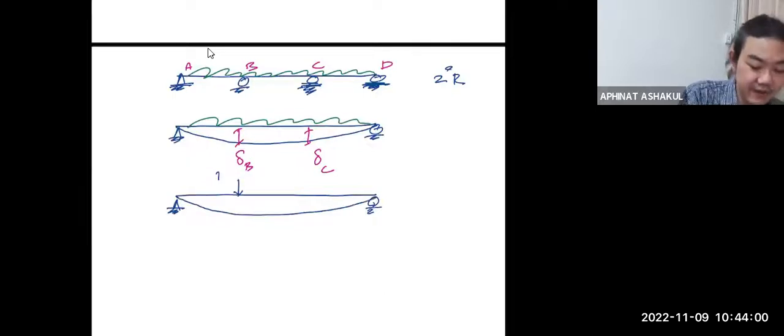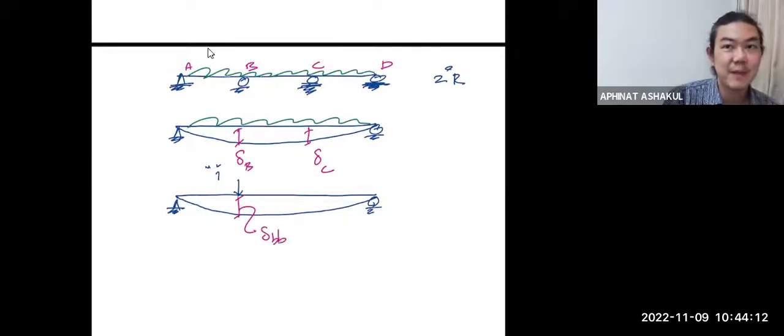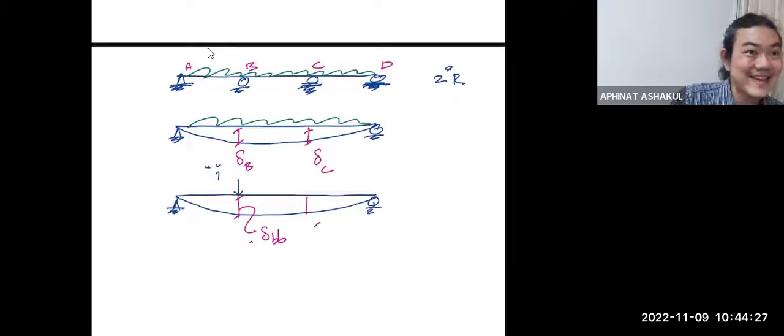When I apply the unit load here, this is what we call the deflection at B due to the load at B. But because we have two reactions now, this reaction will not only cause the deformation there, it also causes deformation at C. So that's the catch.